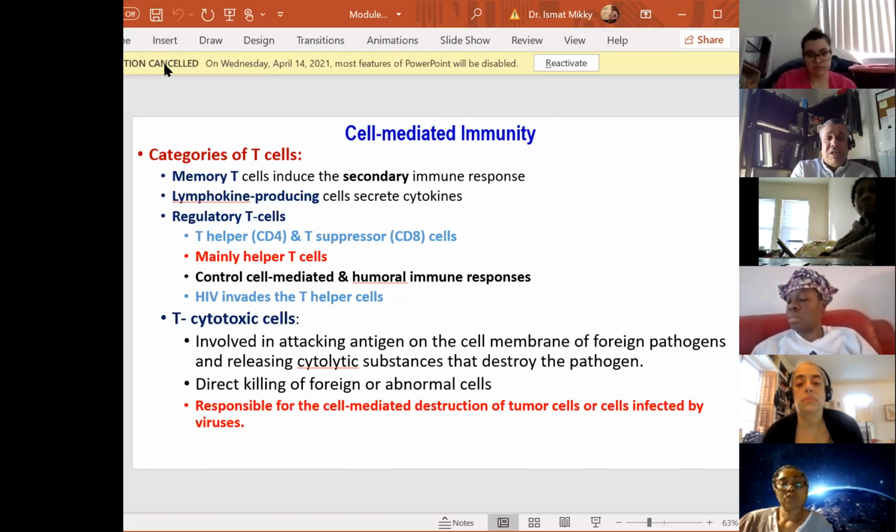Patients with HIV/AIDS will be at risk to develop opportunistic infections when their CD4 count is less than 200.